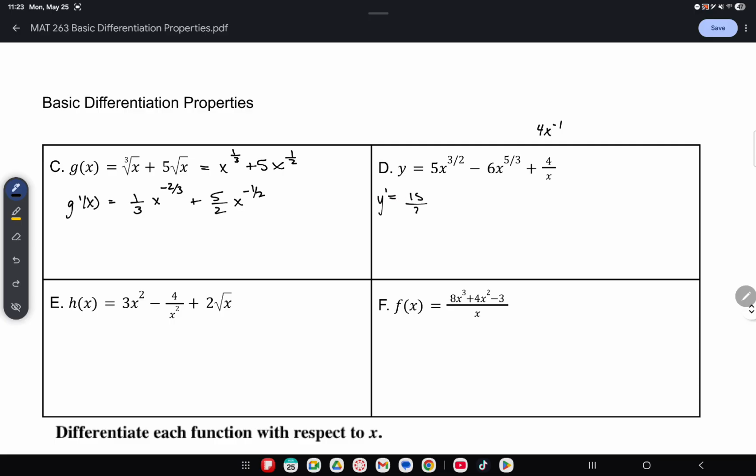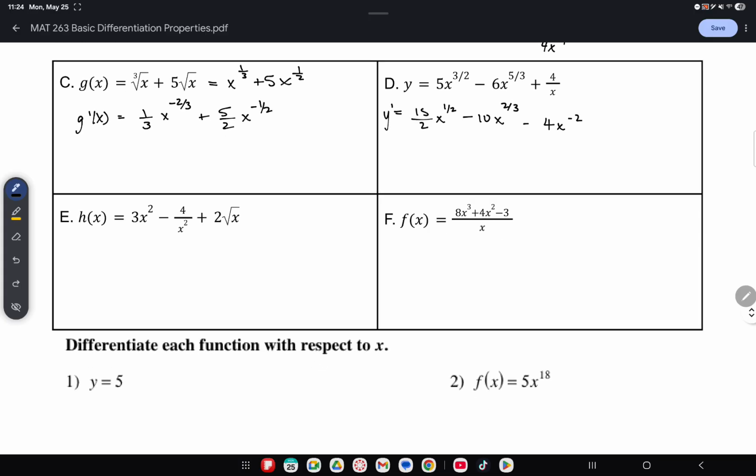So 15 halves x to the 1/2 minus, let's see, 30 thirds, so 10 x to the, let's see, 5 thirds minus 3 thirds is 2 thirds, and then minus 4x to the negative 2. Now, I didn't have any instructions here on if I wanted positive exponents or not, and so I'm just going to leave them. But just pay attention to any instructions on anything else.